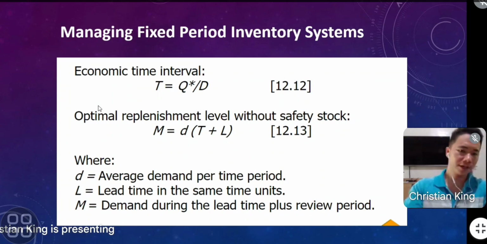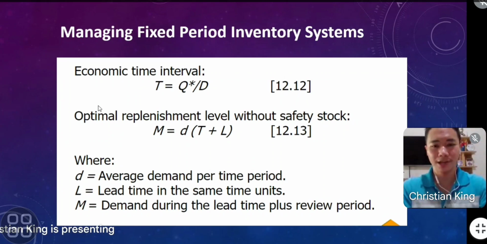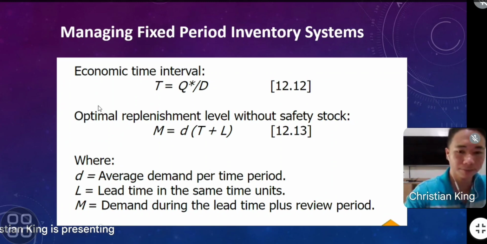It also has an optimal replenishment level without safety stock, where demand during the lead time plus review period is equal to the average demand per time period times the quantity, time plus lead time in the same time units.